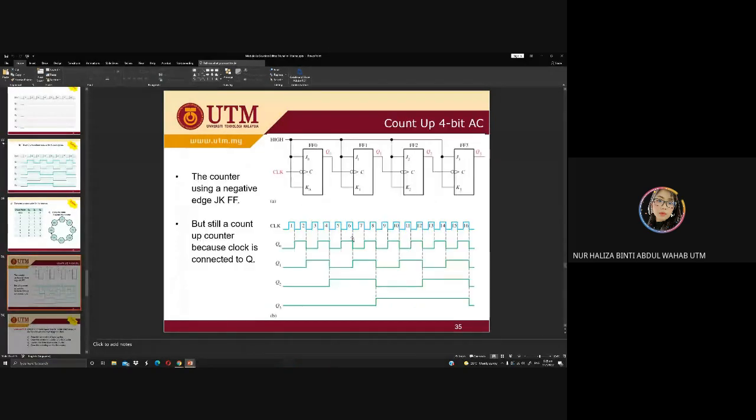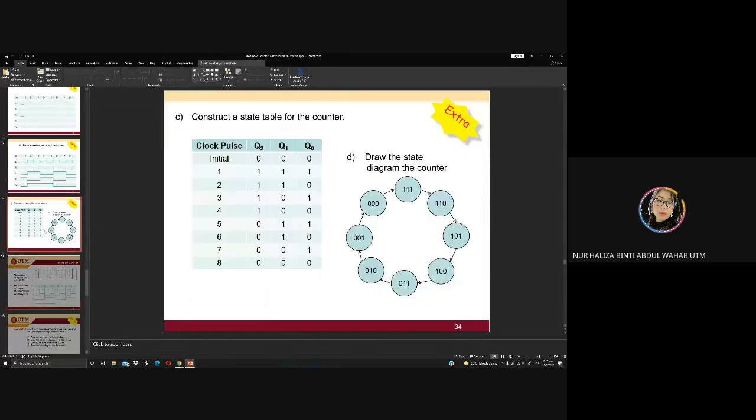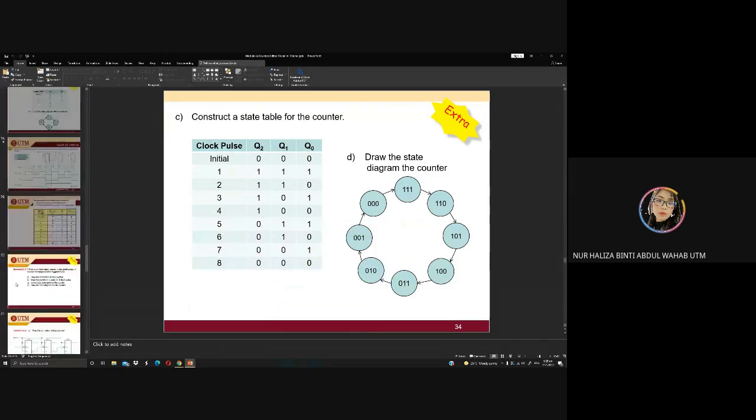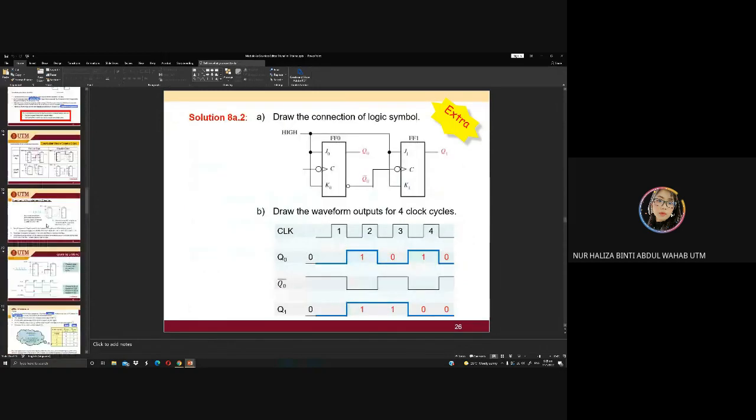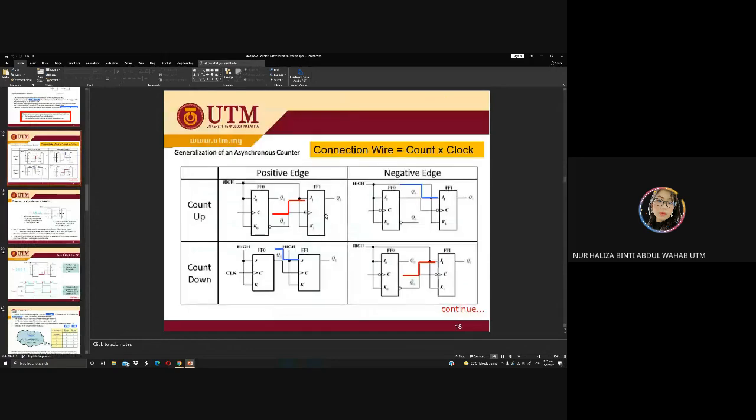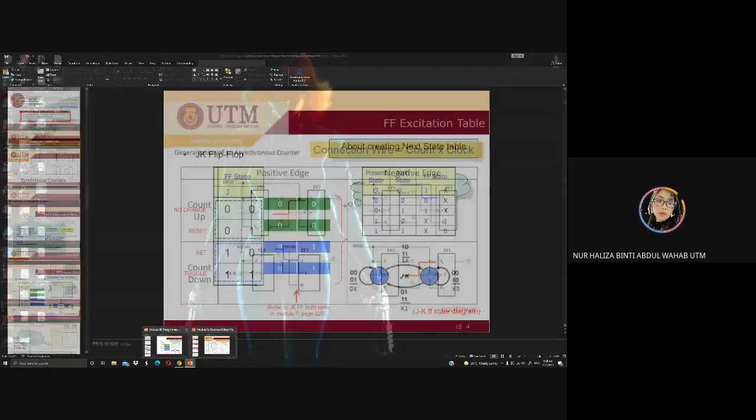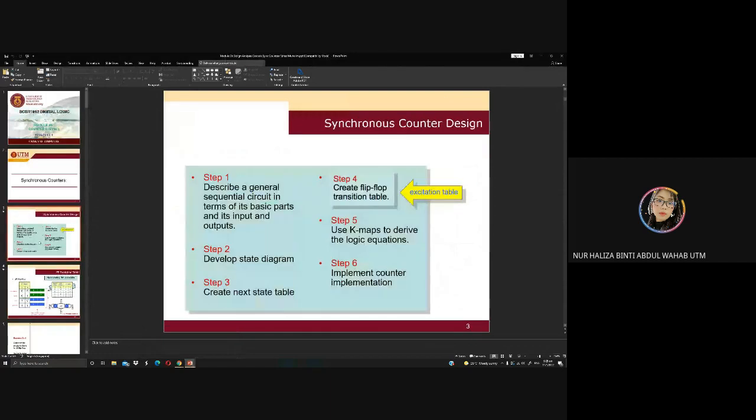Before this, you need to understand also how to draw the timing diagram, how to draw the state diagram, how to draw the table, and the basic things here also. You're going to apply them for your module 8B. So a lot of steps. You can see step number 1, you need to draw the circuit, input, and output, and then you need to draw the state diagram. Next, you need to create the state table.